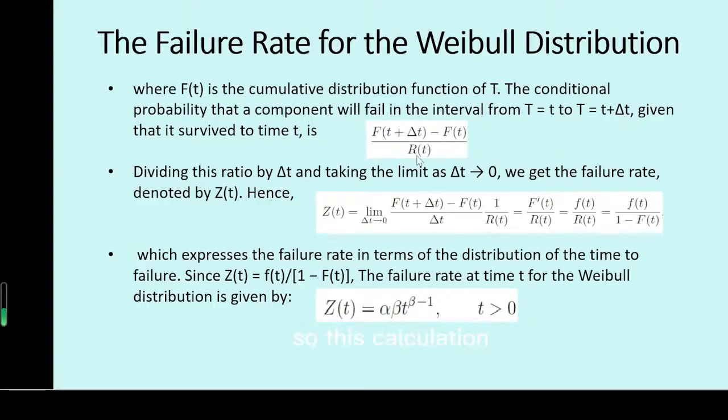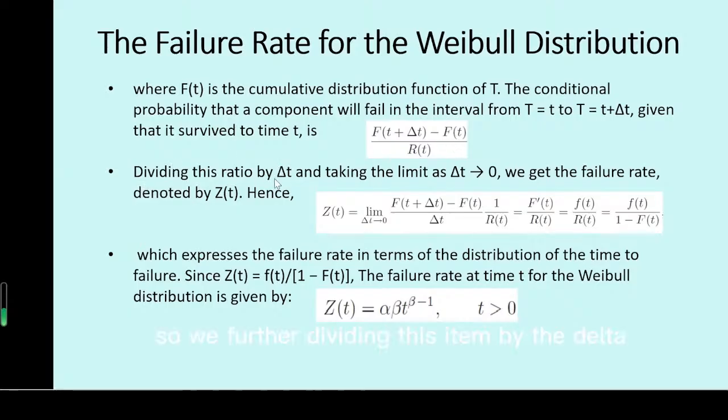This calculation is F(t plus delta t) minus F(t), divided by R(t). R(t) is the conditional probability in the denominator. So given this event has occurred, what happens next is the cumulative probability of t plus delta t minus the cumulative probability of F(t).